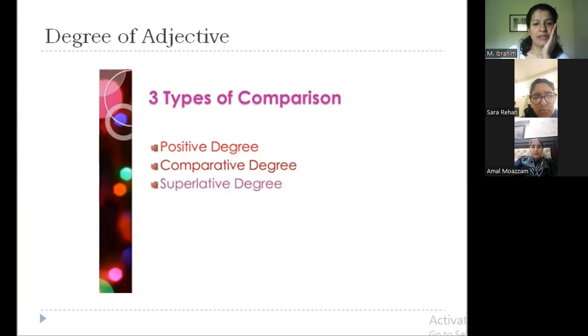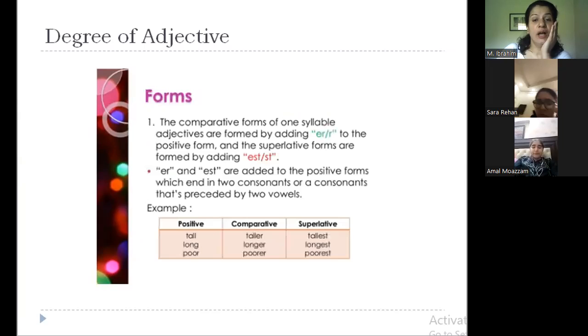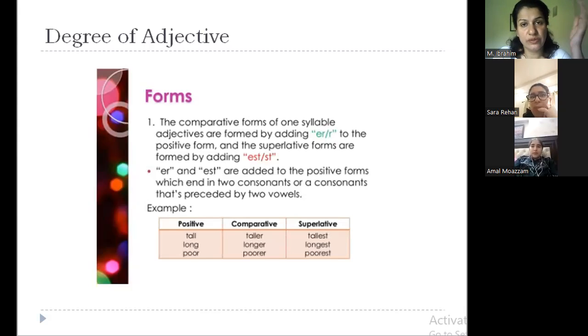Okay, 3 types of comparison. You have the positive, comparative, and superlative. The forms. That is how we form the 3 degrees. The comparative form of 1 syllable adjectives is formed by adding to the 1 syllable. A syllable is, remember, always a vowel sound.